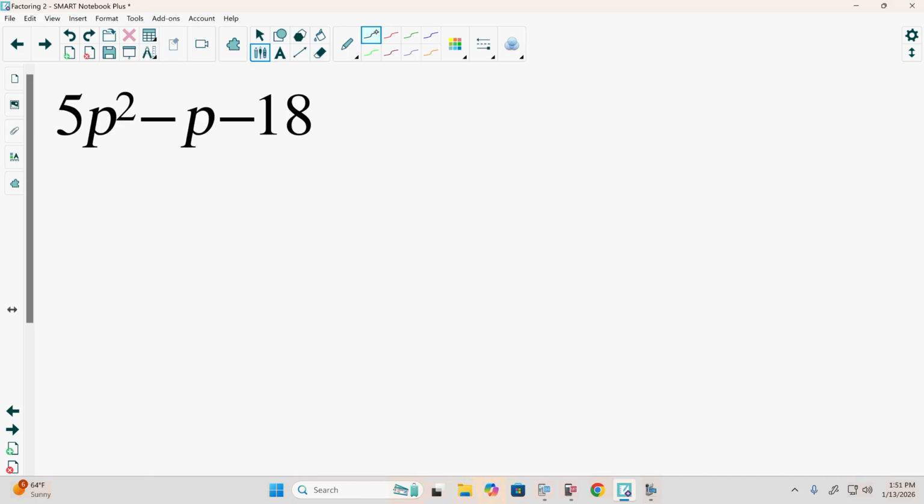So here, 5p squared, p and 18 don't have a greatest common factor. So we'll move on to our two sets of parentheses with 3 spaces. The sign of our third term is negative, so it means our signs are opposite. One's going to be positive, one is going to be negative.